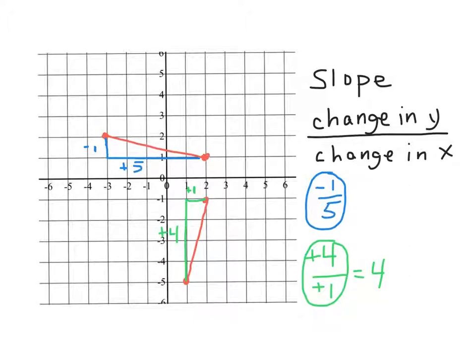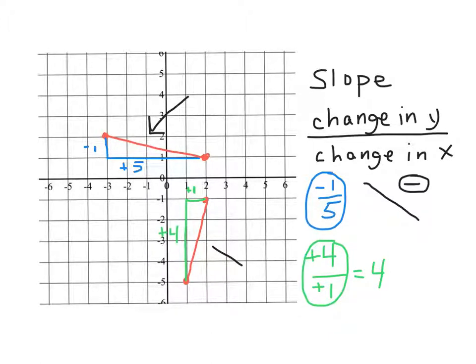One other idea to take note of before we move on is to notice that one of these lines is a negative sloped line and the other one is a positive sloped line. This line right here is a negative slope line, and notice that as we look at it, it goes down as you look at it from left to right. If you are looking at a line that goes down as you look at it from left to right, it is always going to be a negative sloped line.